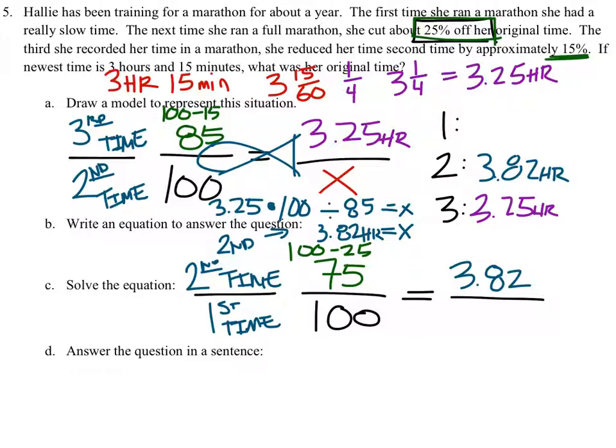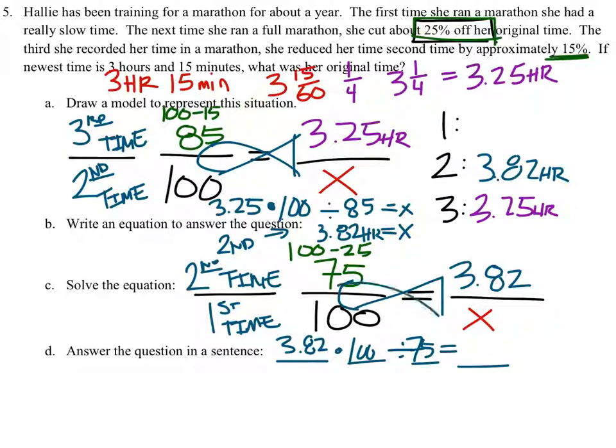What we want then is the original time, which we don't know yet. So in solving this one, I'll try to do it right this time. 1, 2, 3, 4. Multiply, divide, equals. So fish method, I'll go up to the 3.82. I'll multiply that by 100. Come up to the 75.